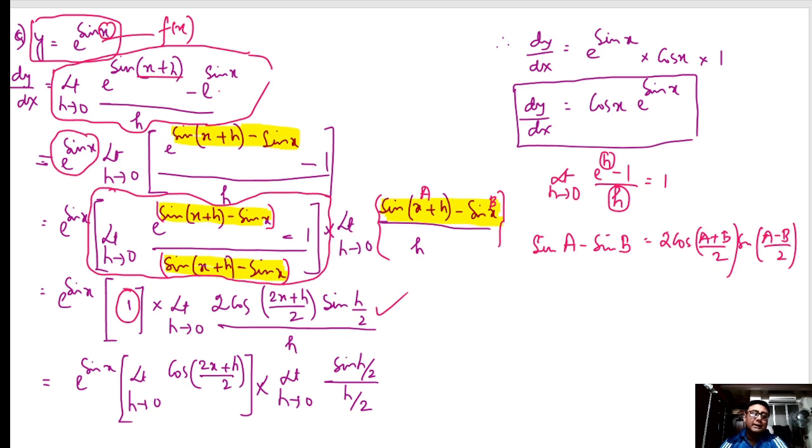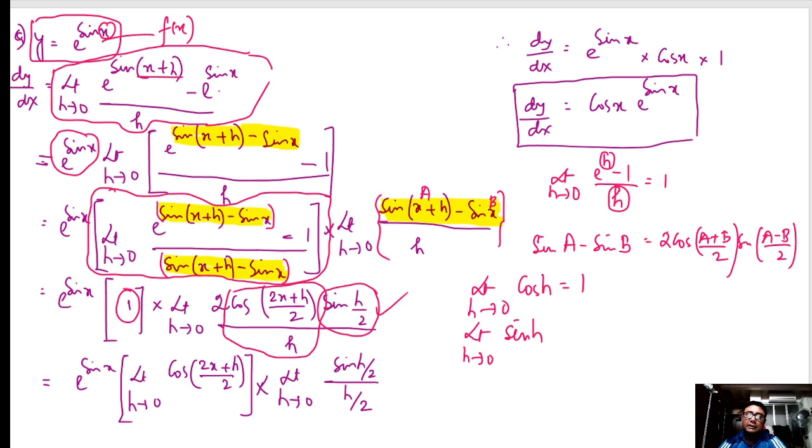And now applying the limit here. So first we will apply the limit on the cos part, and then we will apply the limit on the sine part. So we know limit h tends to 0, cos h is 1, and limit h tends to 0, sine h by h is 1.